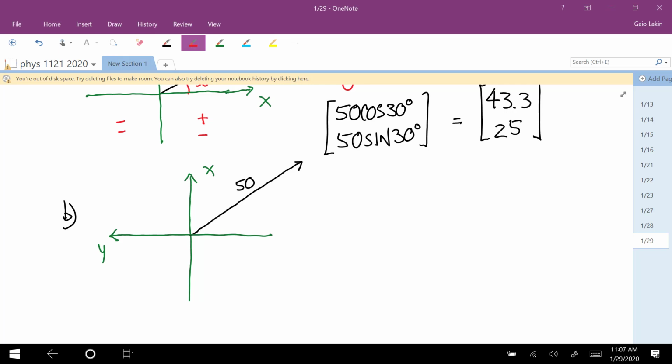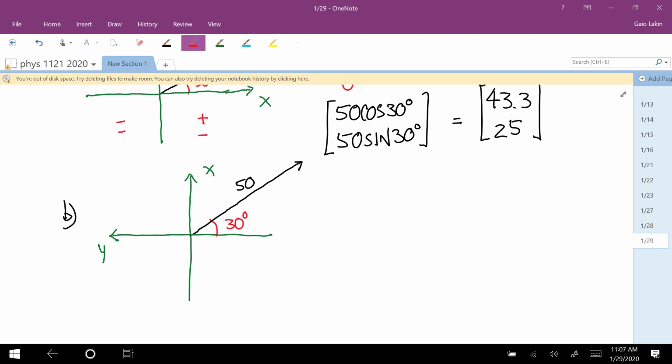And the angle that we're given is that this is 30 degrees. But now that's not 30 degrees counterclockwise from the x-axis anymore. This is the negative y-axis now. So we need to figure out the angle going counterclockwise all the way from our new x, our x for this problem, to the vector. You could also go clockwise and call it a negative angle.